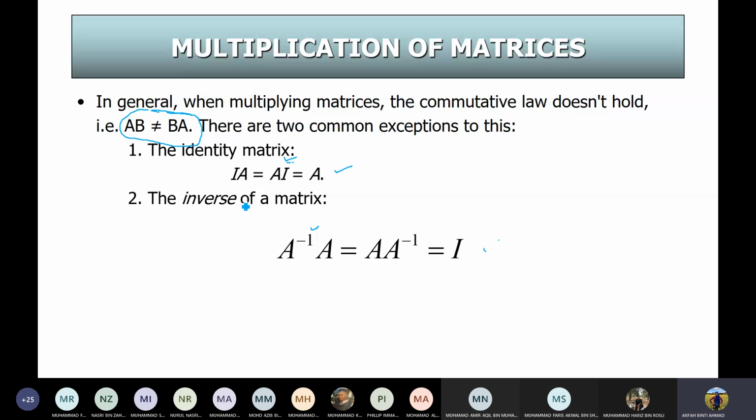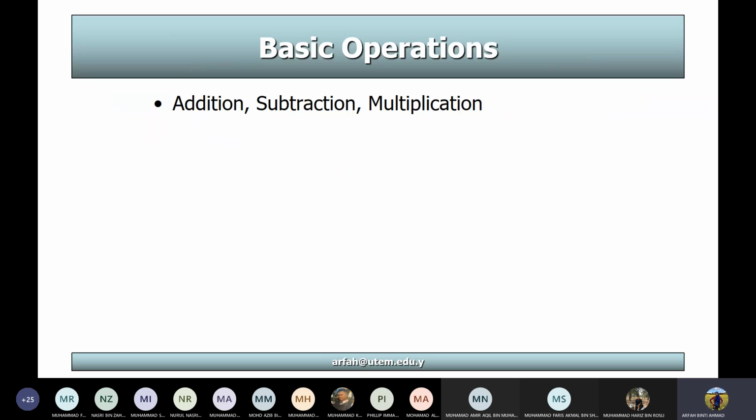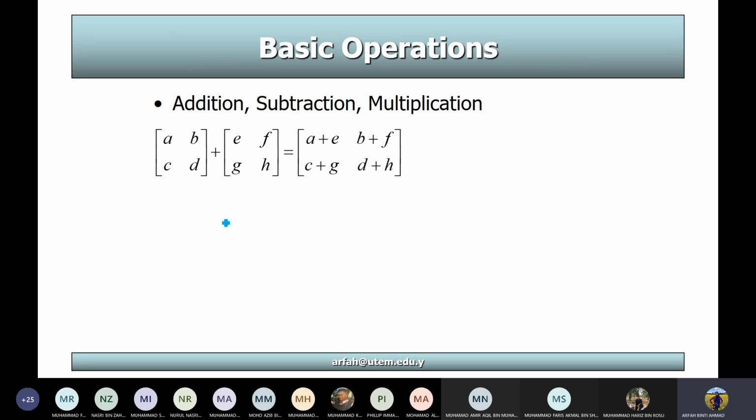Clear. Yeah, very good. So we have take a look into the basic operation of the matrix. We have see how you are going to find the addition of the matrix, the subtraction and also the multiplication of the matrix. So addition yang ini hanya sebagai recap. Okay, apa yang awak dah belajar dalam beberapa minit ni.